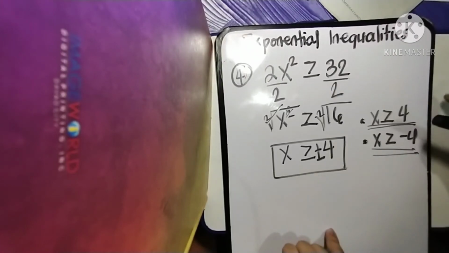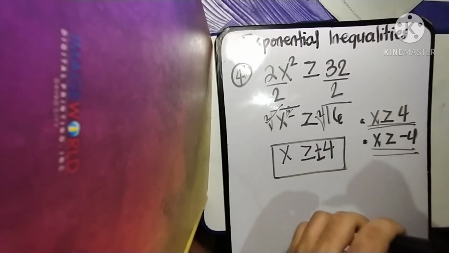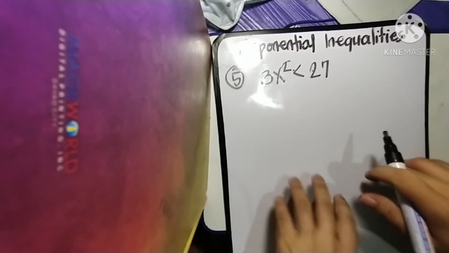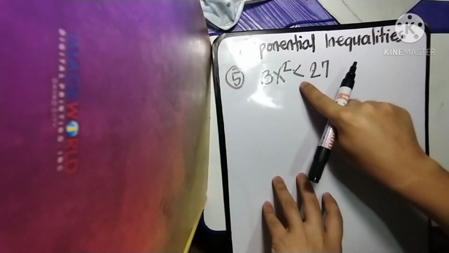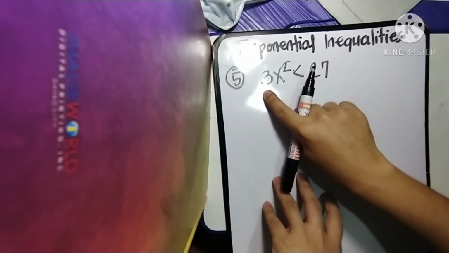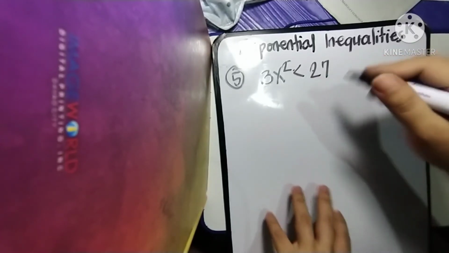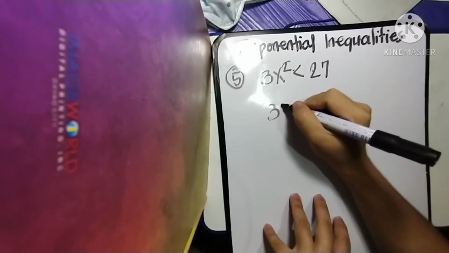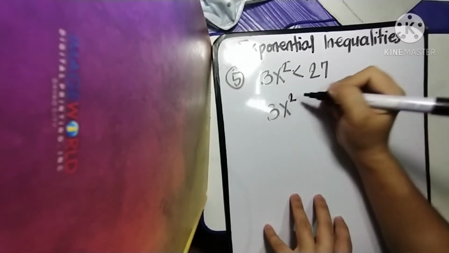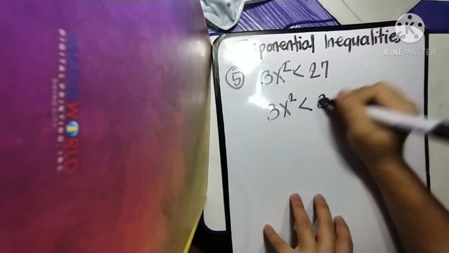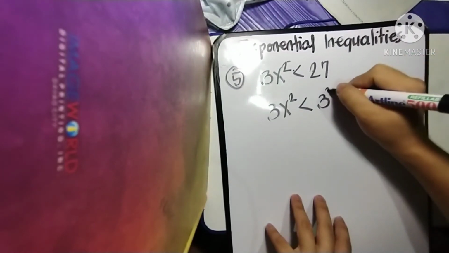Muna ang duha. Okay? So that is on how to solve exponential inequalities. So number 5, 3x squared is less than 27. So pinakagamay nga base is 3 and pinakadako is 27. So 3 will be our base. So we have 3 to the power of 3x to the power of 2 is less than 27, which is equal to 3 to the power of 3.